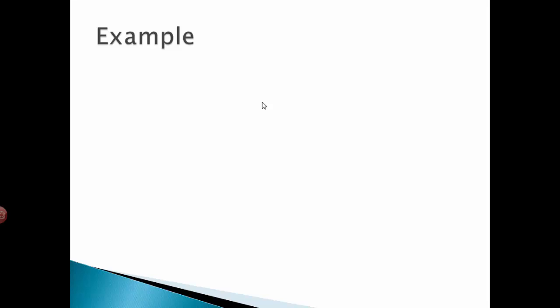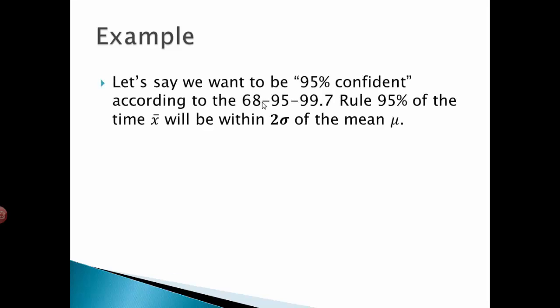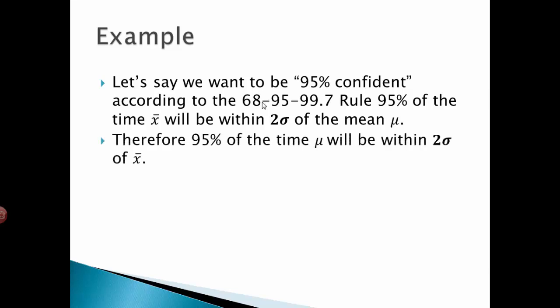So if that's where we're starting, we can use that 68, 95, 99.7 rule, and if we want to have 95% confidence, well, we know from that rule that x bar has to be within 2 standard deviations of the mean of the population.